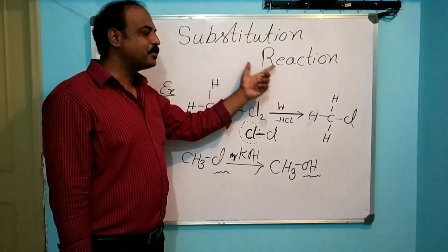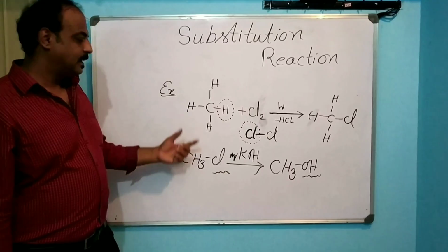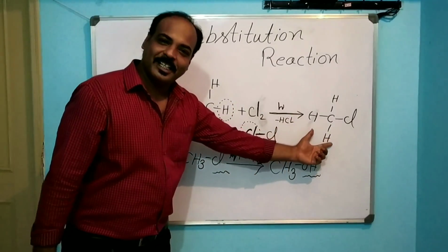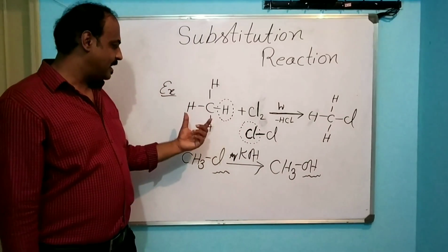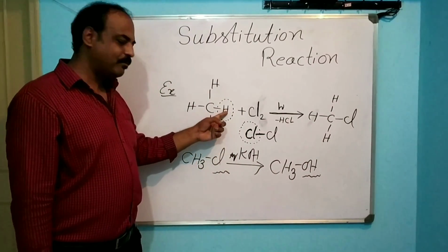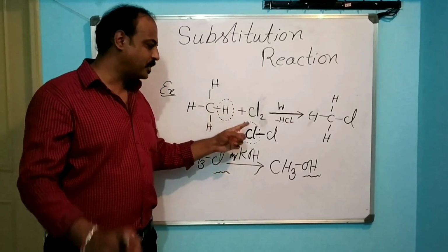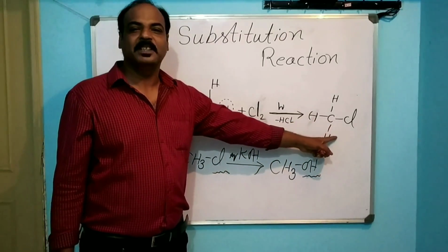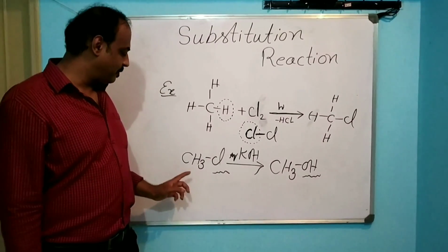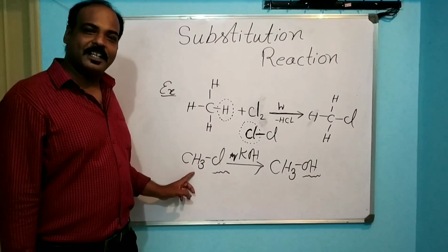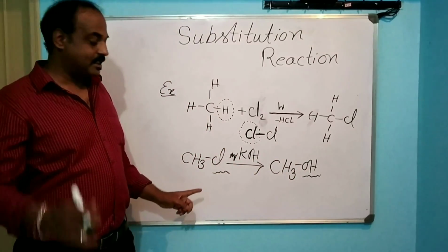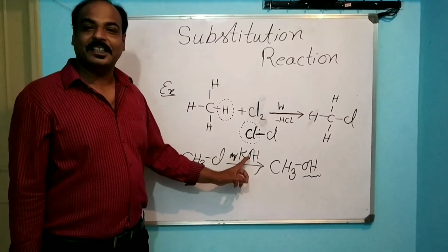Example for the substitution reaction: methane will be converted into methyl chloride, in which methane contains 4 hydrogens. One of the hydrogens is substituted with chlorine, so that it becomes methyl chloride. Similarly, one more example: methyl chloride can be converted into methyl alcohol in the presence of aqueous KOH.